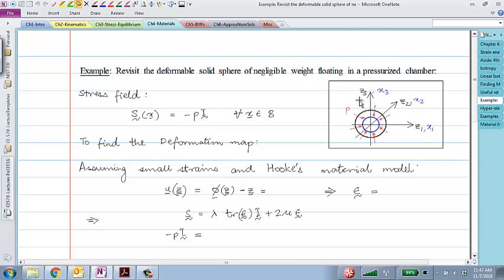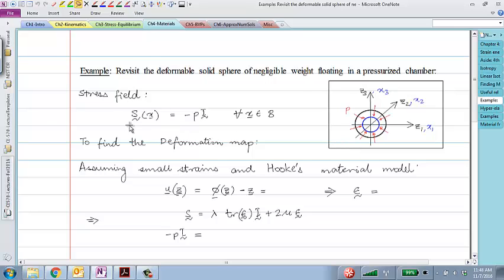You remember this problem from chapter 3, where we were looking at how we can make sure that deformable bodies are in equilibrium. So I gave you an example of a spherical object under uniform hydrostatic pressure, let's say out in space somewhere, so that gravity or body forces don't play a role.